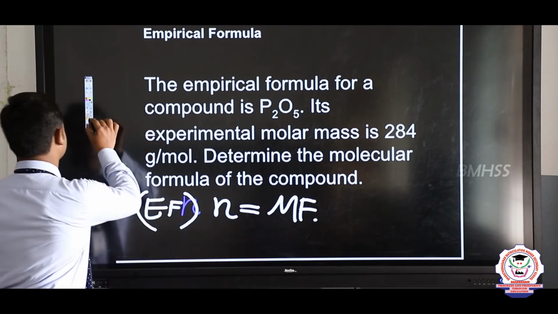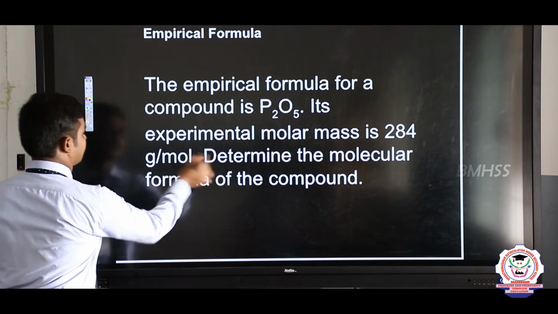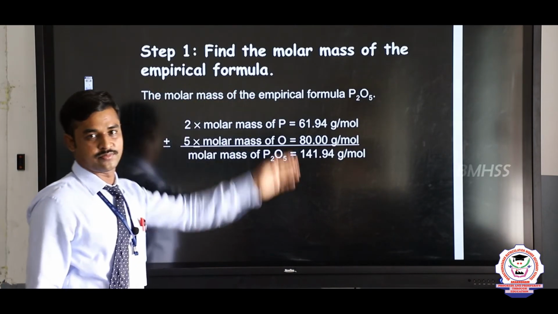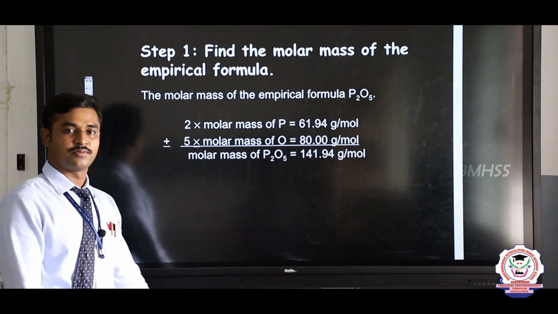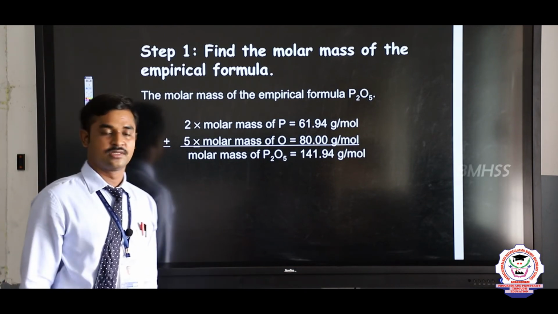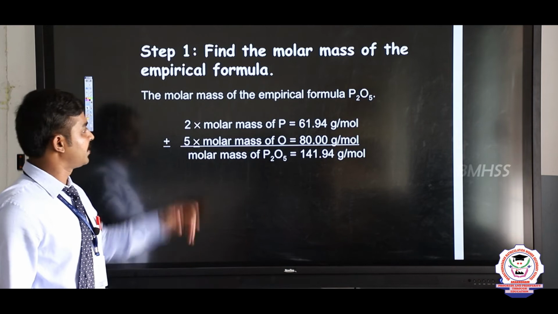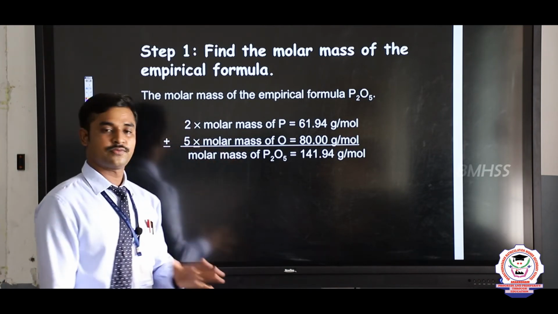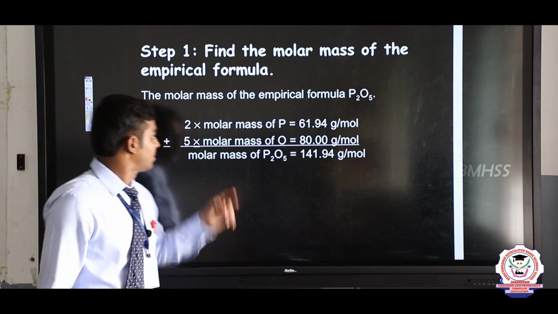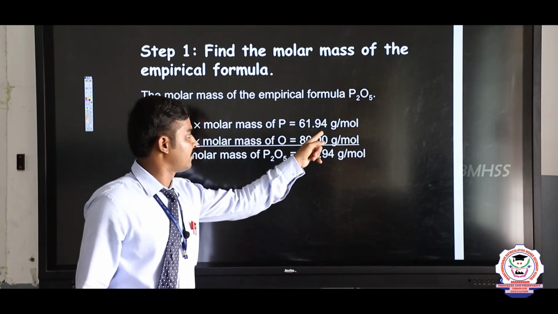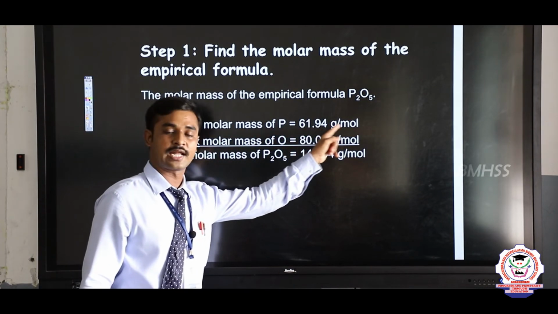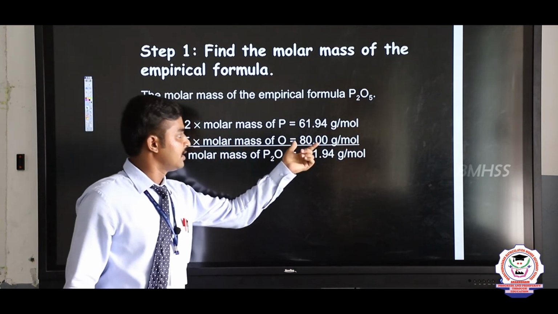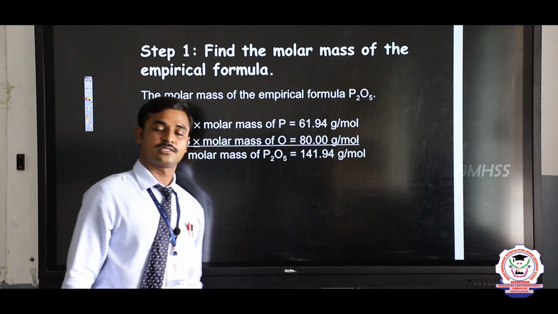The first one is step 1, find the molar mass of the empirical formula. At first, we have the empirical formula of the compound, P2O5. We need to find the molar mass. So, P2O5 contains 2 phosphorus and 5 oxygens. 2 phosphorus have the value 61.94 gram per mole and 5 oxygen have 80 gram per mole as the molar mass.